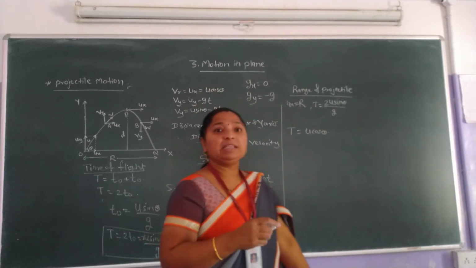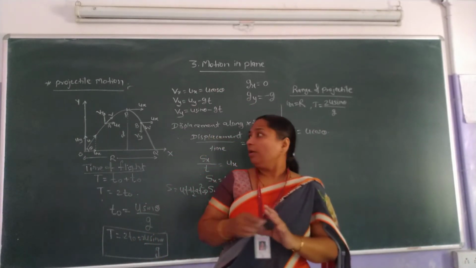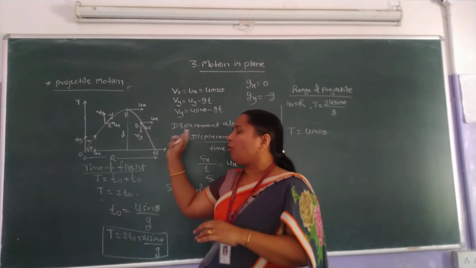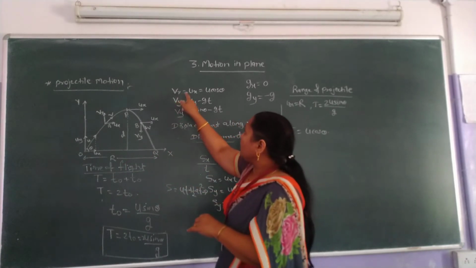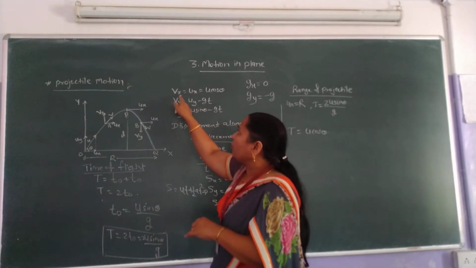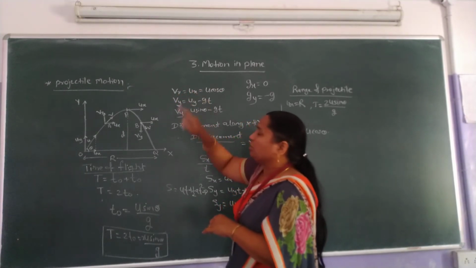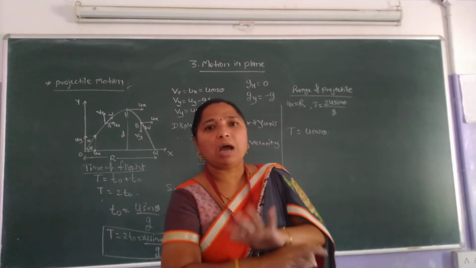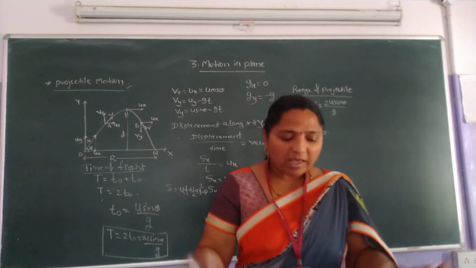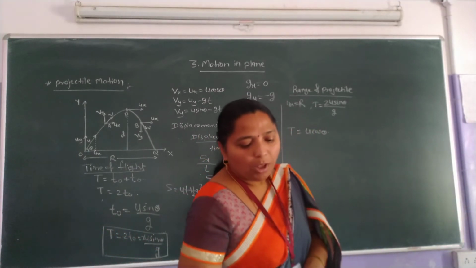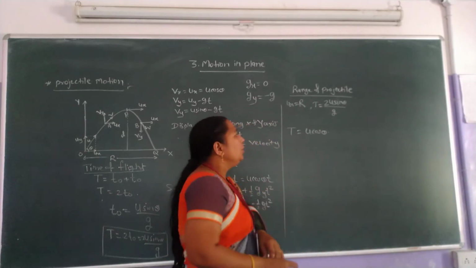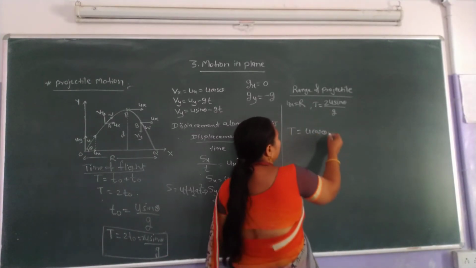The horizontal component of the final velocity Vx and of the initial velocity Ux are the same. Vx and Ux both are same. Therefore, displacement is equal to u cos theta into 2t0.